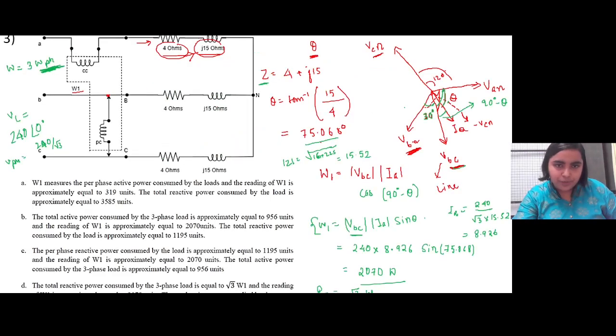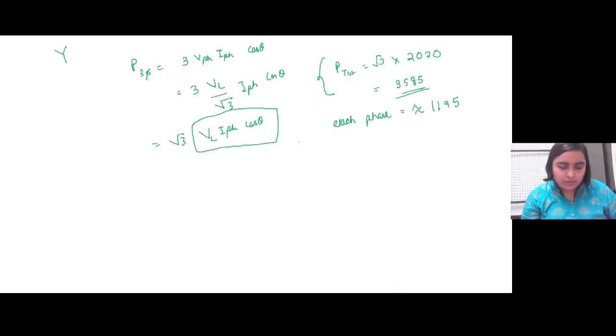Now let us look into the options. Oh, we are yet to calculate the active power, so let us also compute it. I'm using the same relation here, but instead of V phase I'm writing VL and I phase. It will be sine of 90 minus theta, which becomes cos theta.